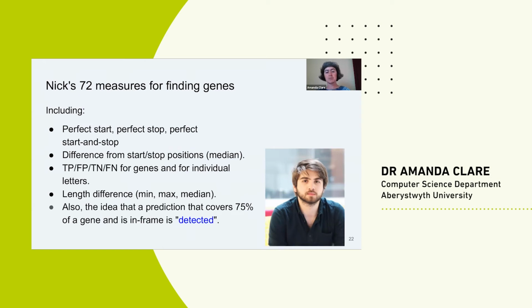So we had a load of debates about what should we be measuring here, and I'm sure you can ask Nick more about it later, but we ended up including 72 measures for measuring how well the gene finding tools work.